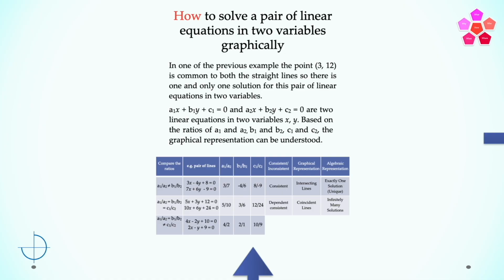We can clearly see that a1 by a2 is equal to b1 by b2, but that in turn is not equal to c1 by c2. So in this scenario, the two linear equations in two variables are inconsistent. The graphical representation would be parallel lines, and the algebraic representation is no solutions, as these two lines are parallel and they will never intersect.